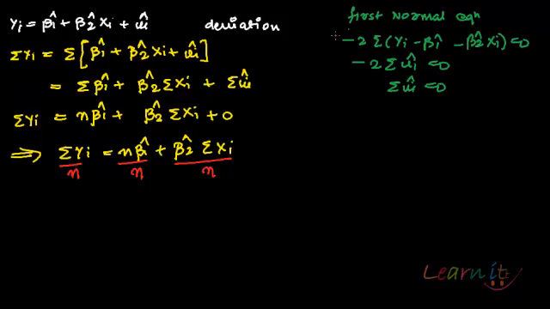You will get summation of yi upon n, which is nothing but y bar. This n and n will get cancelled out and you will have just beta 1 hat plus beta 2 hat, summation of xi upon n, which is nothing but x bar. Clear? So you have this equation with you.